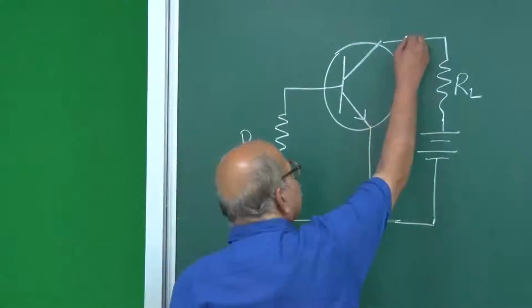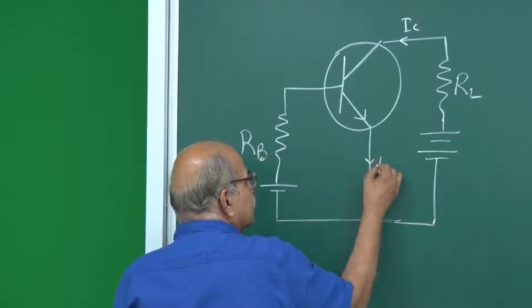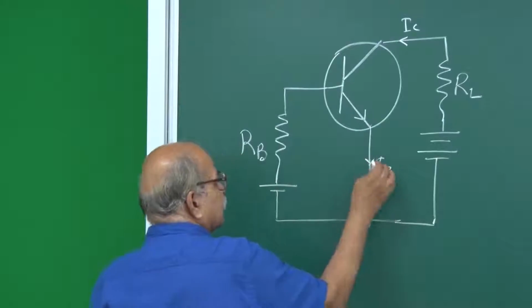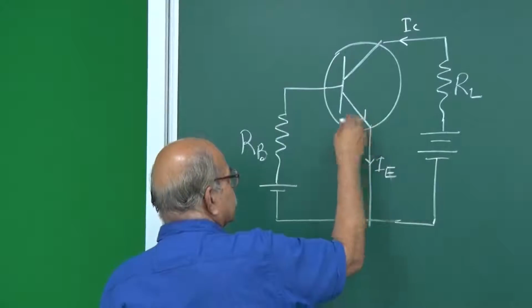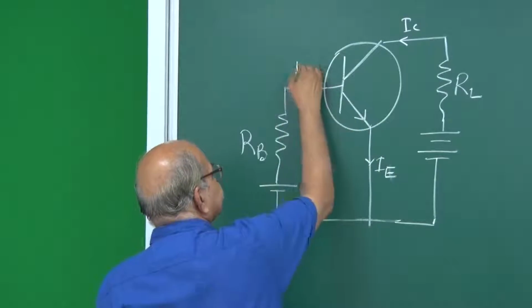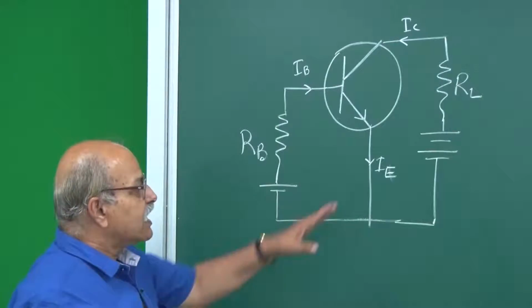So, you have a current of IC here like this, current of IB here like this, IE. So, this is the normal operation, and that is the active region.